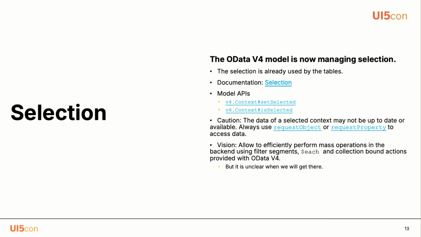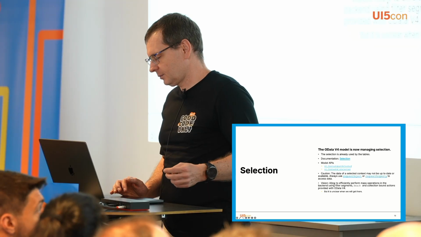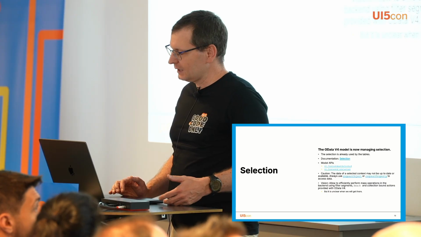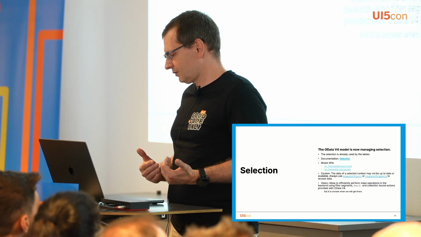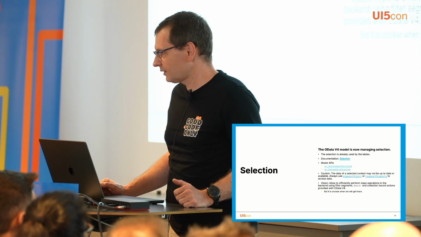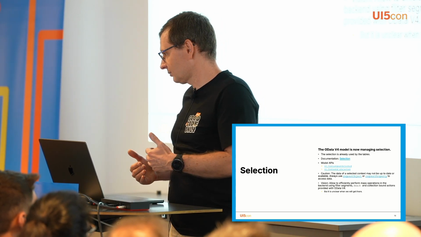And there is documentation linked here. You have some APIs. I just wanted to add two things here. One word of caution. While we can guarantee that you get these selected contexts, we cannot guarantee that the data is always up to date. Meaning, if we want to guarantee that the data is always up to date, we always need to reread all the data of the selected context when you do something like refresh your table.